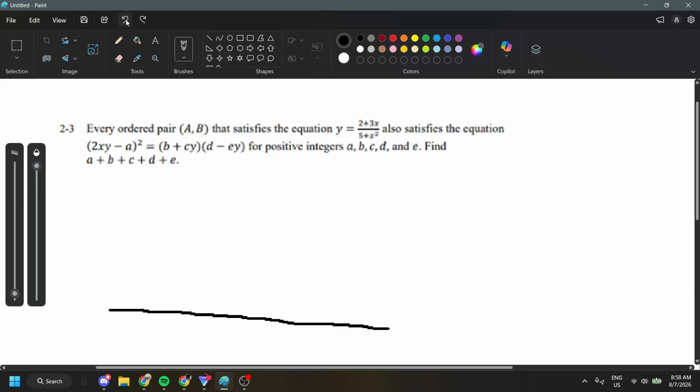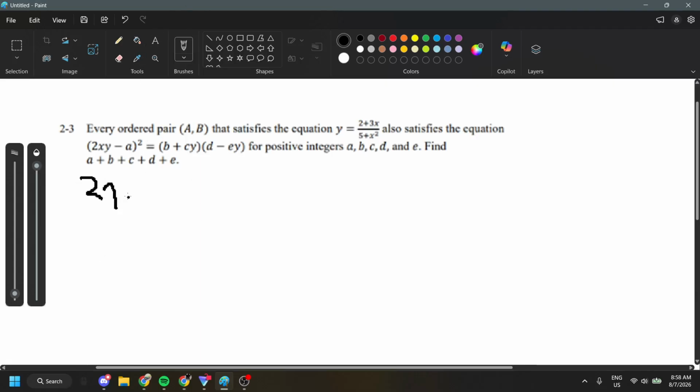Wait a minute, I'm confused, because one way we could solve this is to expand this, isolate y, and then change a, b, c, d, and e to follow this. But that doesn't make sense here, does it? Oh, let's try it.